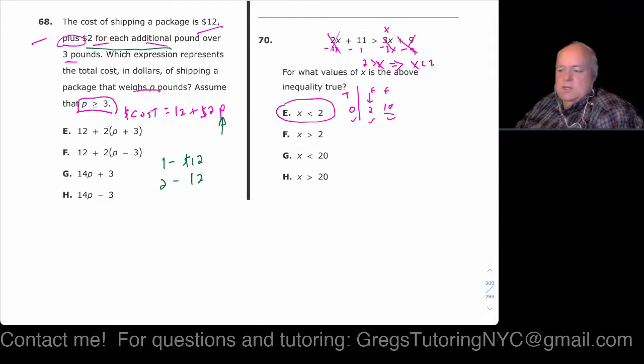This is kind of how the U.S. mail works and other things like that. If it's 3, again, it's not over 3 pounds. It's equal to 3 pounds. So at that point, it's going to be 12, plus $2 for everything over 3.